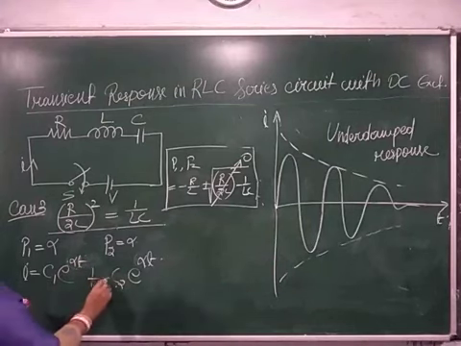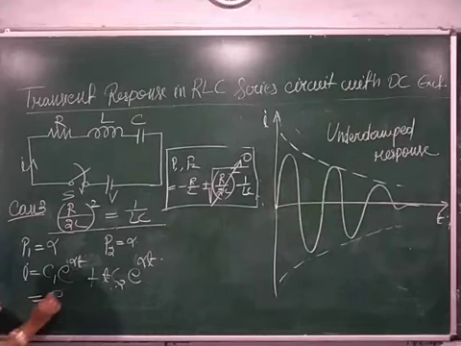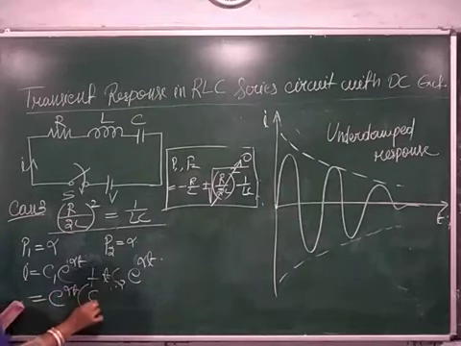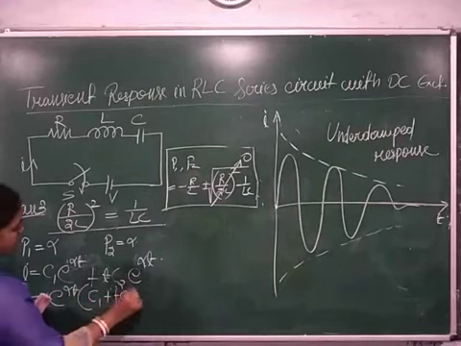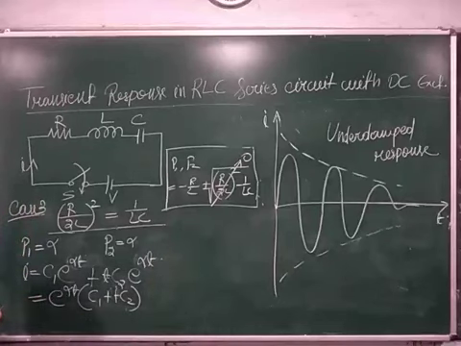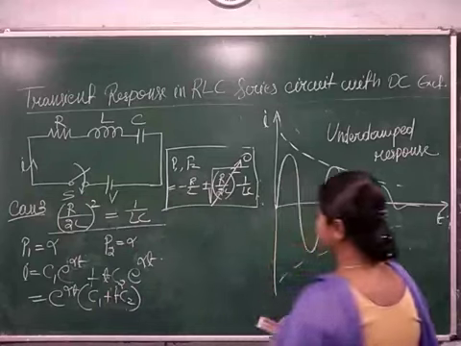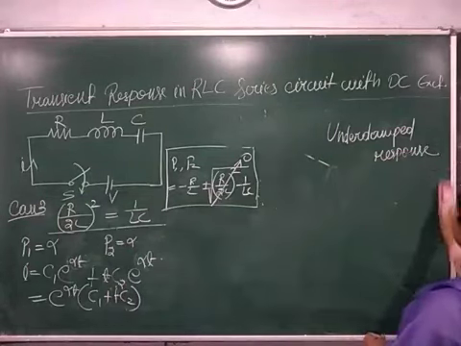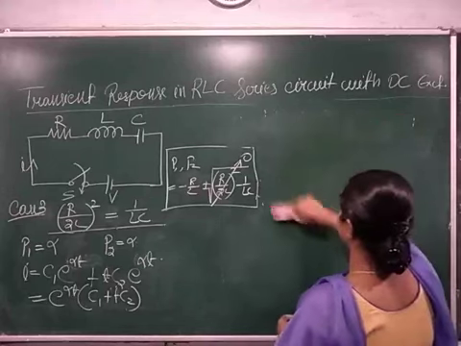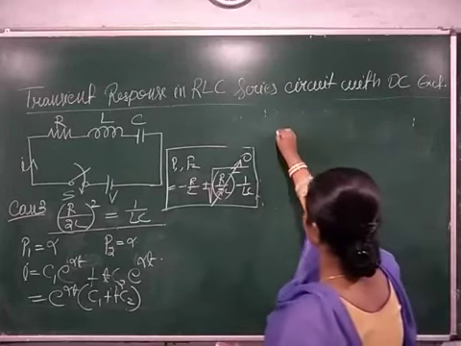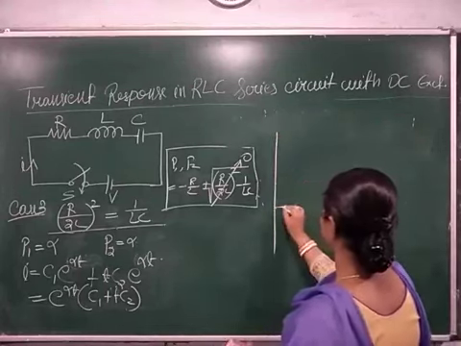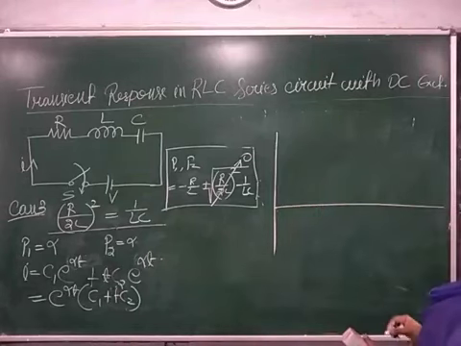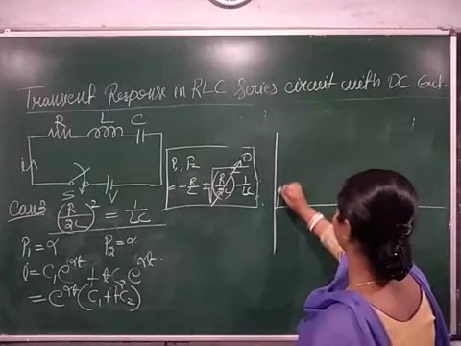If I take e to the power alpha t common, it is C1 plus t C2. So in this case, the transient response you get is critically damped.